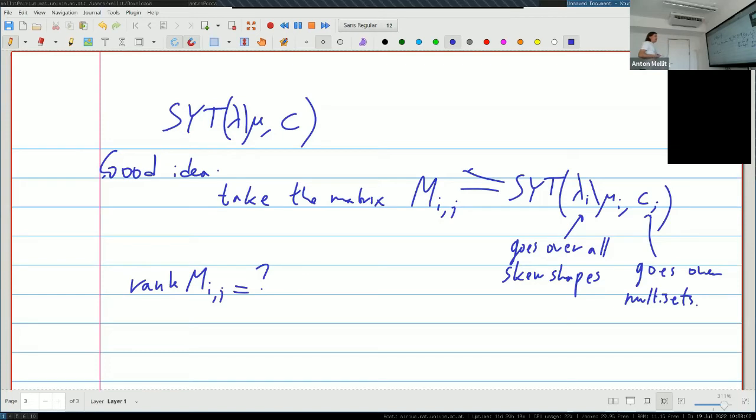And it turns out that the rank of this matrix is much smaller than its size. The size, for instance the number of skew shapes, you can check, is at least exponential for a given size.